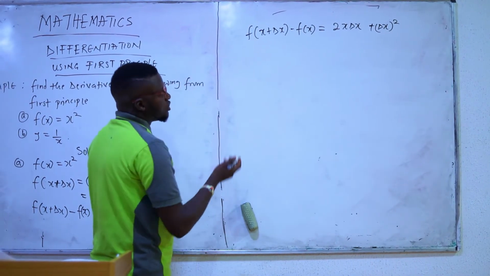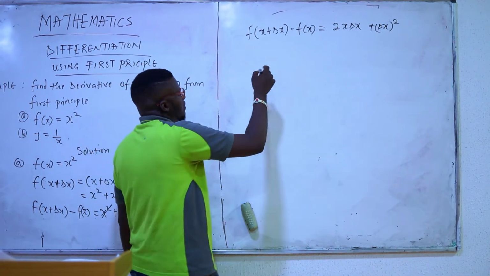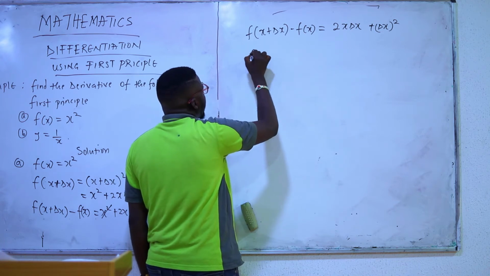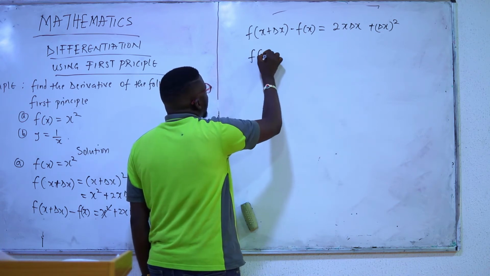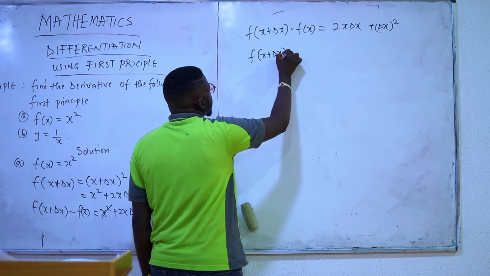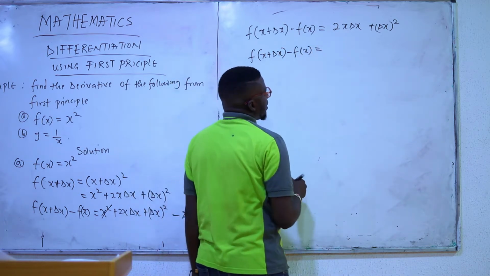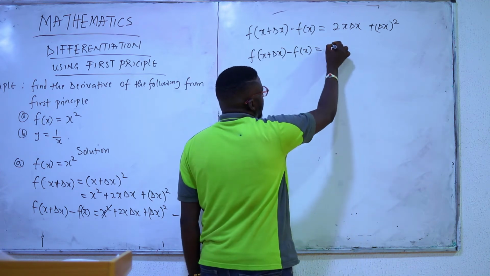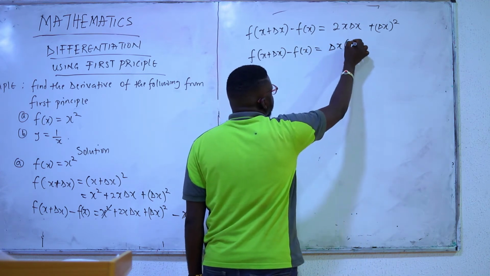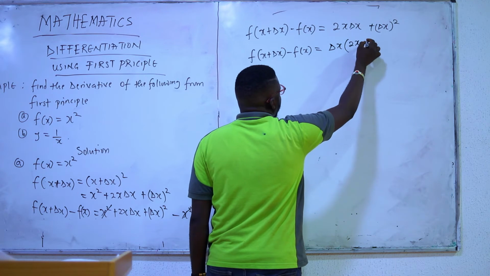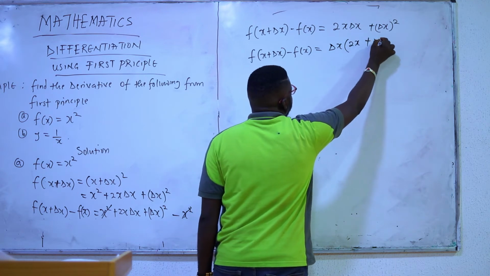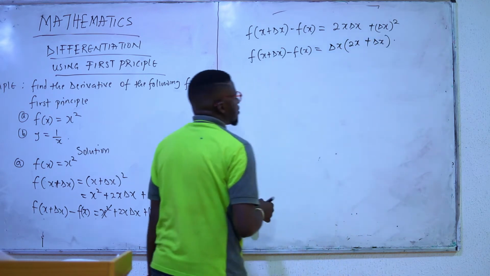So now I'll check what is common and I'll group it out. So if I check what is common, I'll have my f of x plus change in x minus f of x is equal to, so what is common here? I have my change in x is common. So I'll bring it outside the bracket, change in x. So if I remove change in x here, I'll have 2x plus change in x, close my bracket.